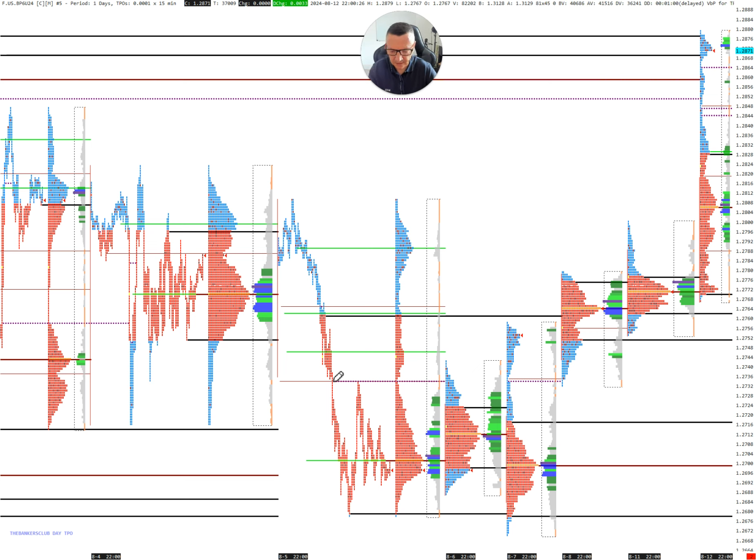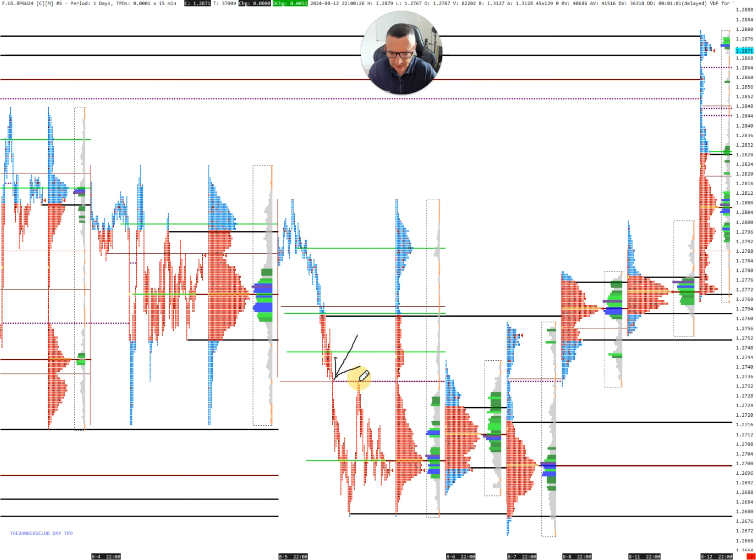And you can see just by this profile here that on the way down, price has printed this single print, come down to this value area here, traded all the way up to the pit of that single print, which was printed on the way down.